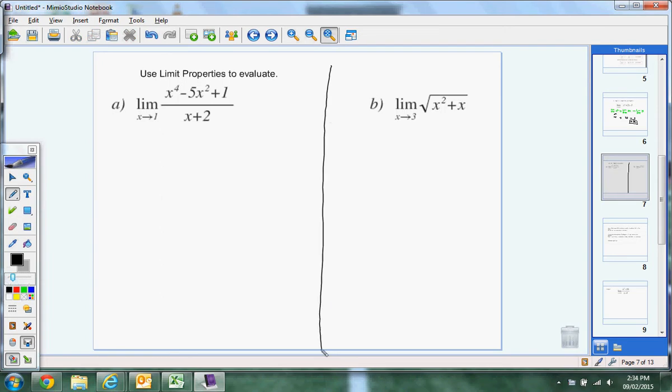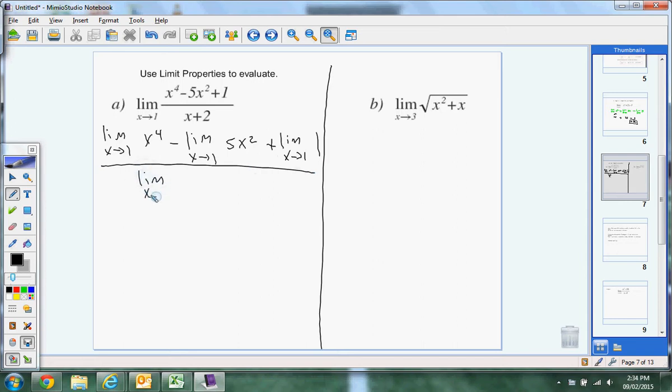So to use the properties, I'm going to go limit as x approaches 1 of x to the 4th minus limit as x goes to 1 of 5x squared plus limit as x goes to 1 of 1, all over limit as x goes to 1 of x plus 2. So again, that's just using the properties.